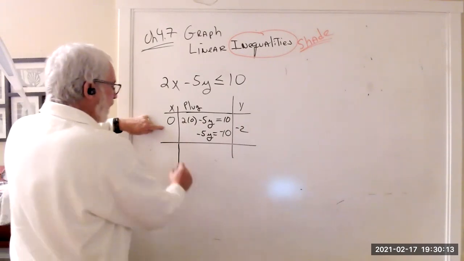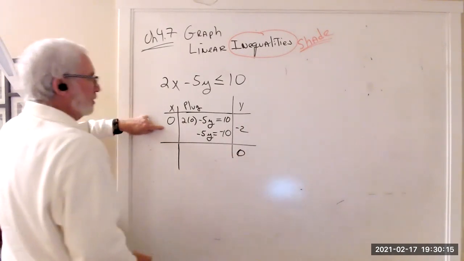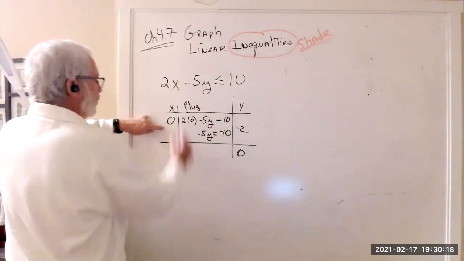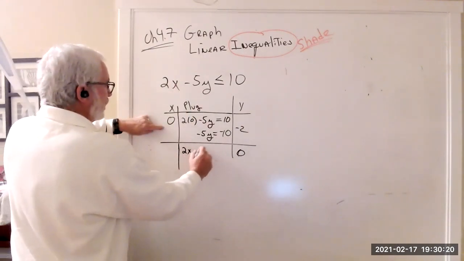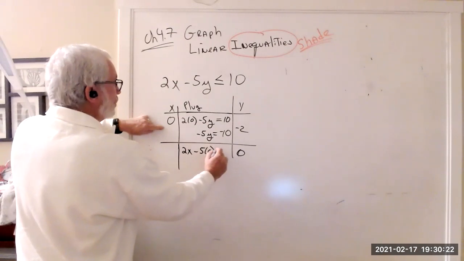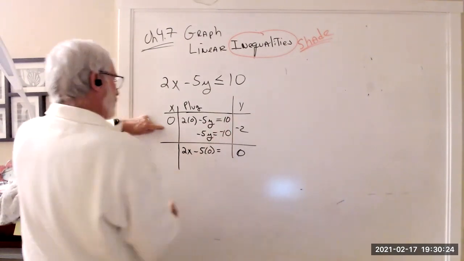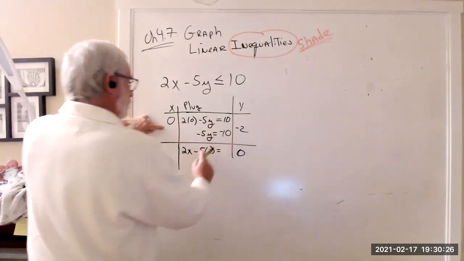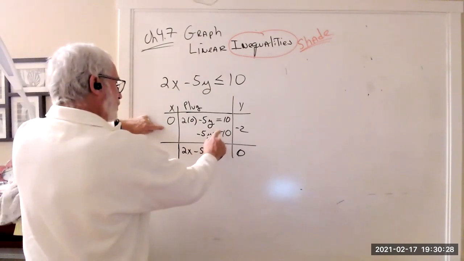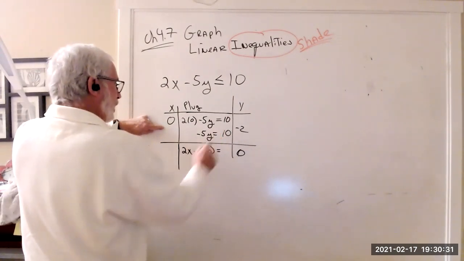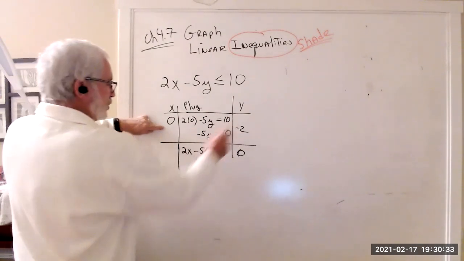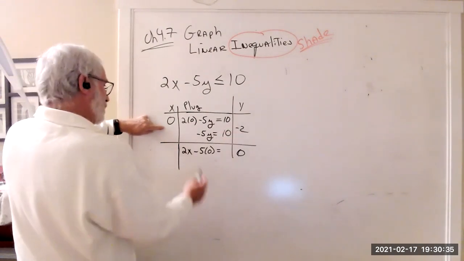Then we turned around and plugged in 0 for y. So this is 2x minus 5 times 0 equals, wait a minute, I'm sorry, I screwed up. This is a positive 10. I don't know why I wrote negative there. The answer is still negative 2. I screwed up twice.